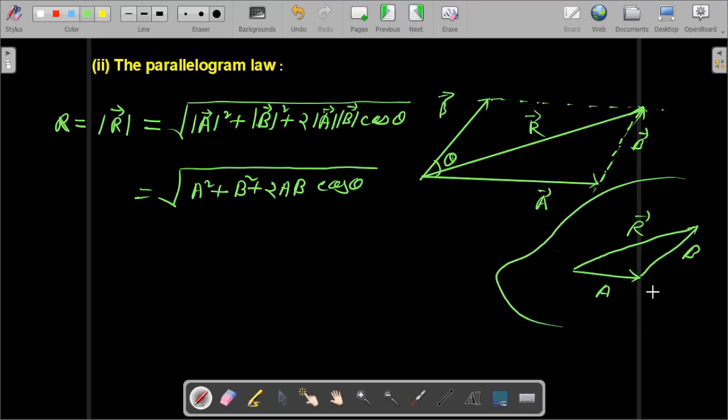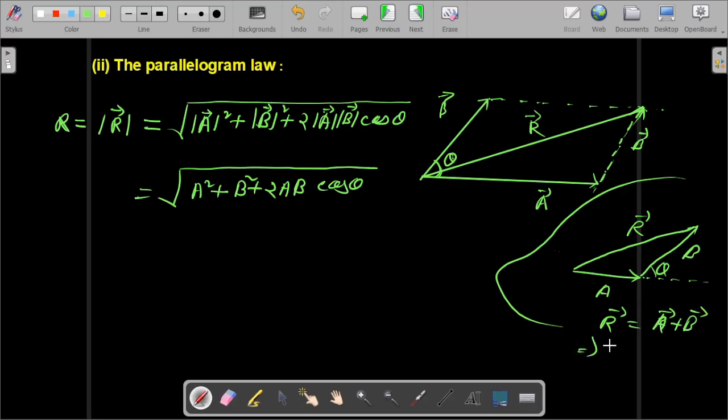In the triangle method, there also you get one angle in them. This is the angle. Here we simply wrote R with a vector sign and added the vectors.